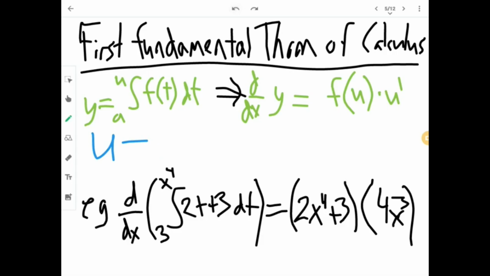It states that the derivative of the integral of f of t dt is equal to the function of u.